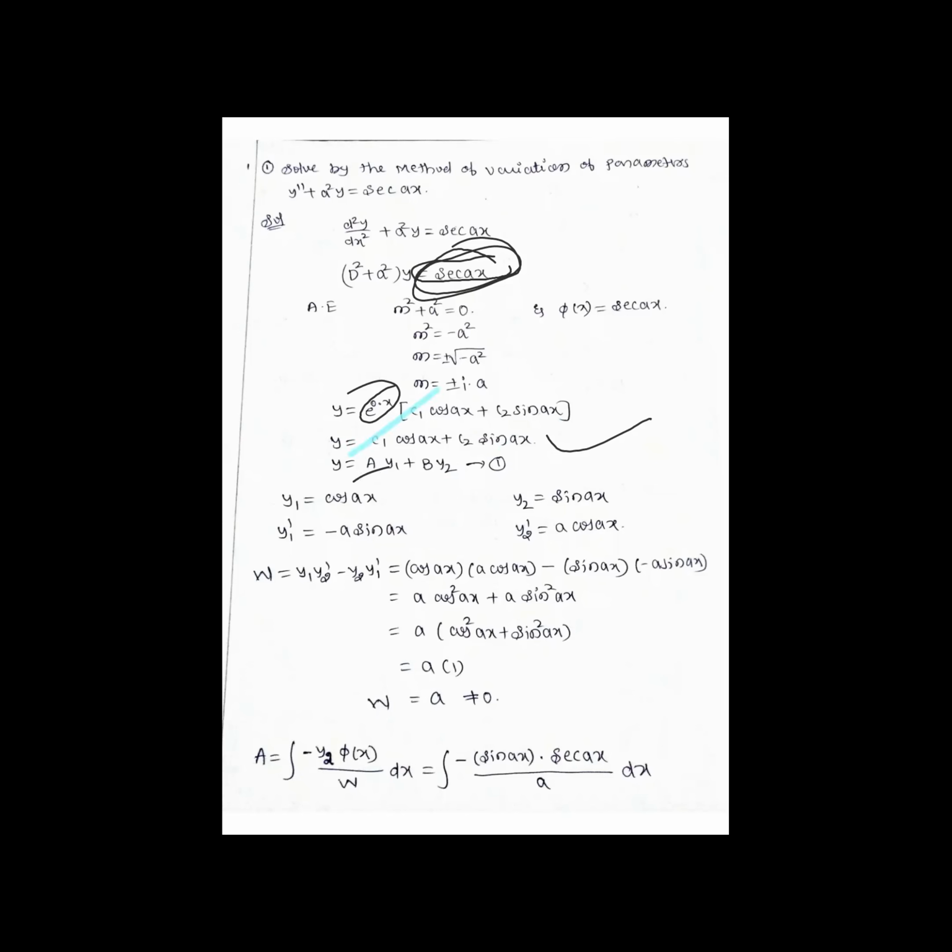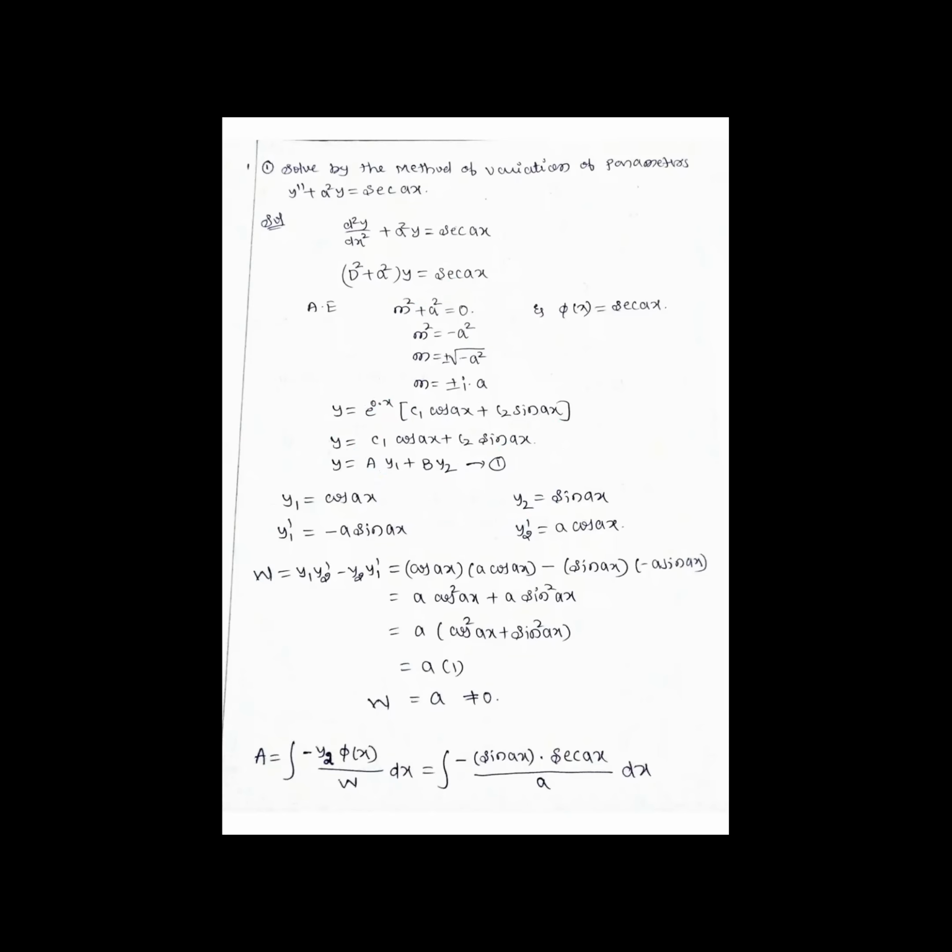So you can see here, y1 is cos ax, y2 is sin ax. Apart from the constants c1 and c2, whatever terms we are getting, we take them as y1 and y2.